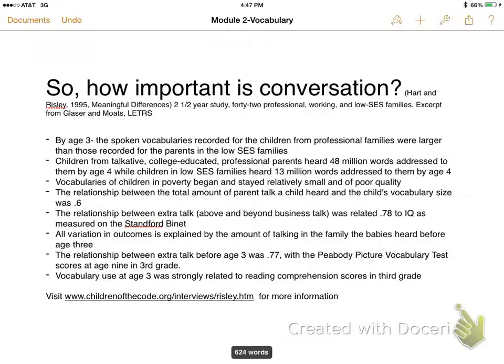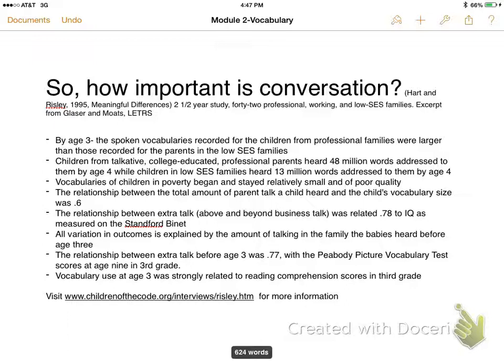The relationship between that extra talk and IQ was a 0.78. That is more than 3/4. Almost perfect. Very close. I can predict if the parent provides extra talk to their children, then they're going to have a higher IQ. That's very, very high.